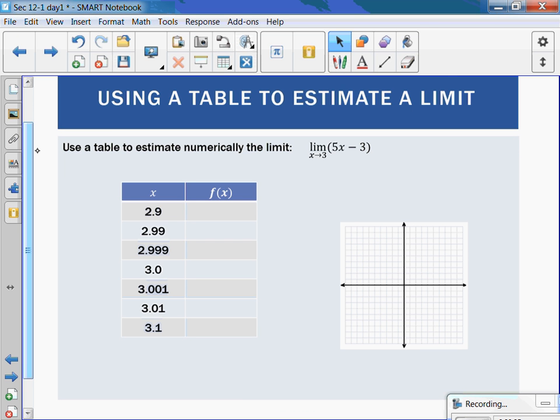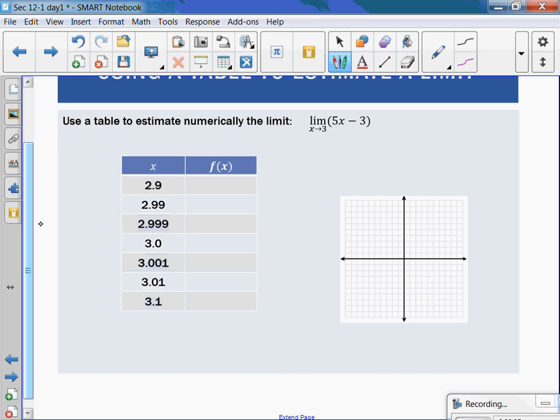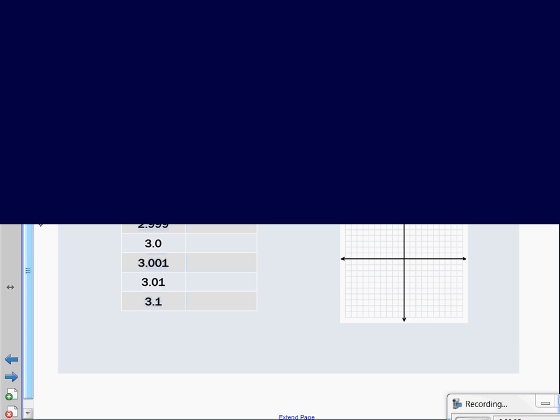So here we want to find the limit of 5x minus 3 as x approaches 3. So, construct a table and take a look at the values right around it. So here I have 2.9. What do I get when I evaluate this at 2.9? 11.5.